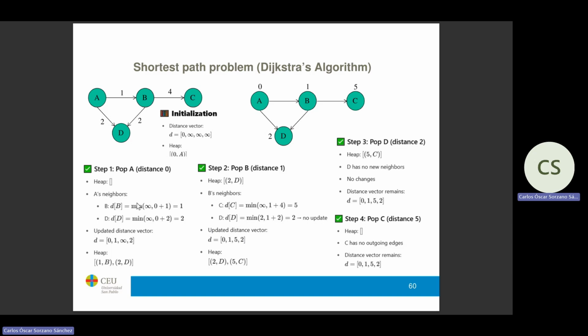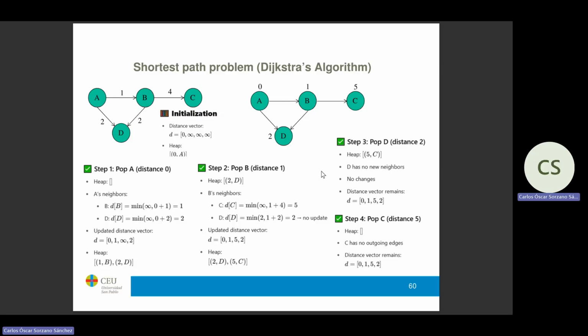So the minimum is 1. And the distance to D is the same calculation; going from A to D is 2. The distance to B is 1, the distance to D is 2. You update the distance vector, and now you include these two nodes in the heap: going to B equals 1, going to D equals 2.